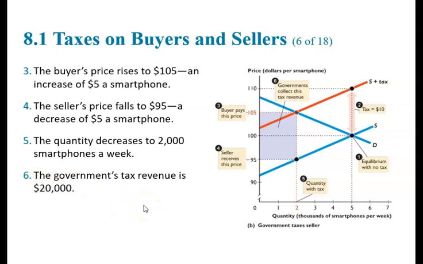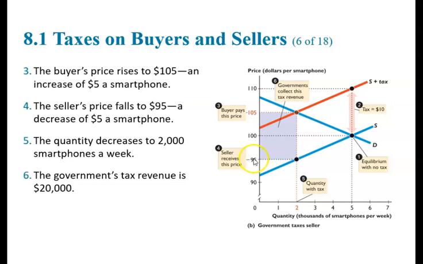Once again, what we are interested in is how much tax incidence falls on the buyers and how much tax incidence, or tax burden, falls on the sellers. Initially, at this equilibrium, the buyers were paying $100 and the sellers were receiving $100. Now the buyers are paying $105, so $5 of the total $10 tax burden is falling on the buyers.